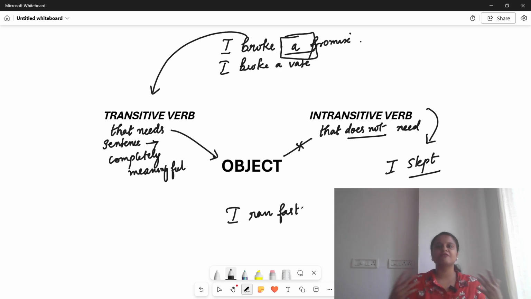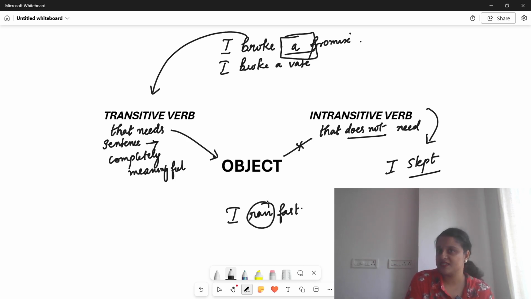When I say that I ran fast, you're not confused. You get what I mean. In this case, the verb ran does not need an object to make sense. You will not ask, you ran what fast? No, that sentence is meaningful in itself, right? Do you know what sort of a verb it is if it does not need an object? Absolutely. Ran is an intransitive verb in this context.